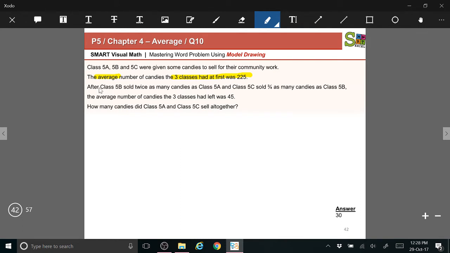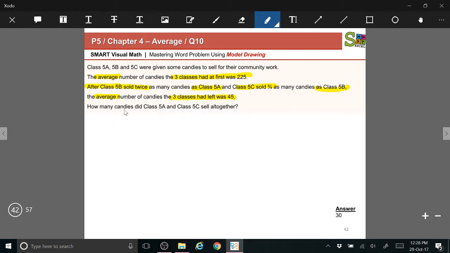After that, class 5B sold twice as many as 5A, and class 5C sold 3/4 as many as class 5B. The average number of candies the three classes had left was 45.